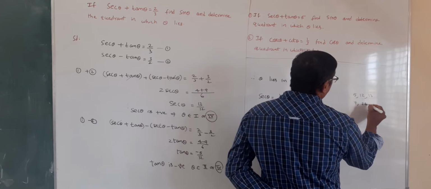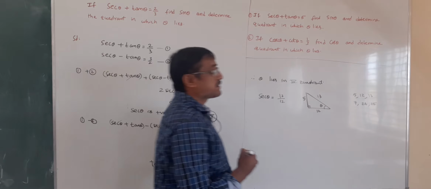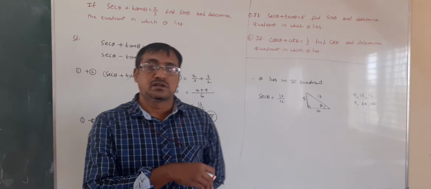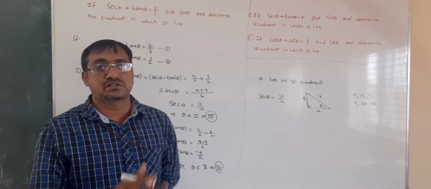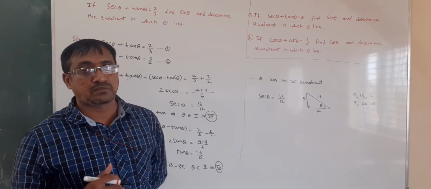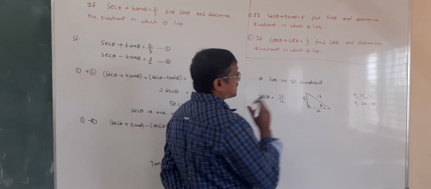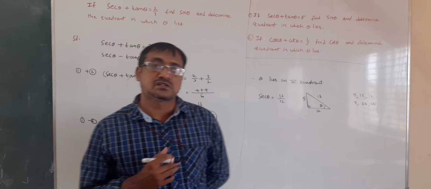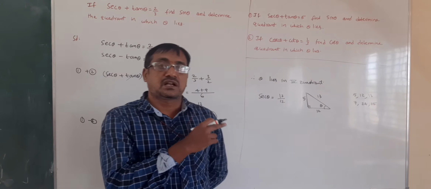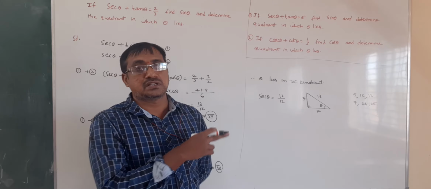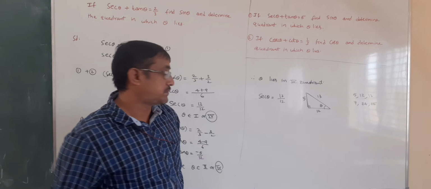Since 5, 12, 13 are Pythagorean triples, and 7, 24, 25 are also Pythagorean triples. You will get a number of Pythagorean triples when you are solving problems. So if 13, 12 are the numbers, the remaining side will be 5.